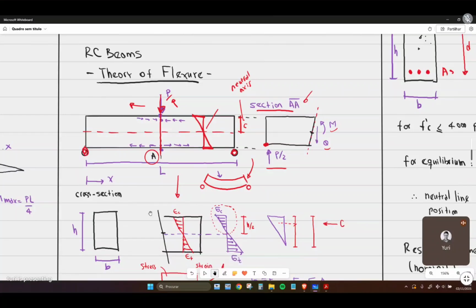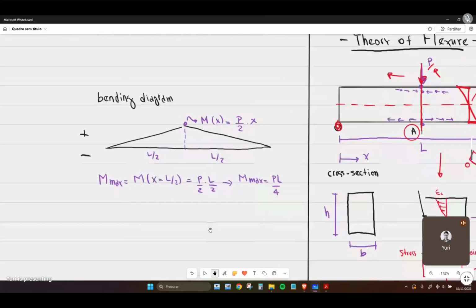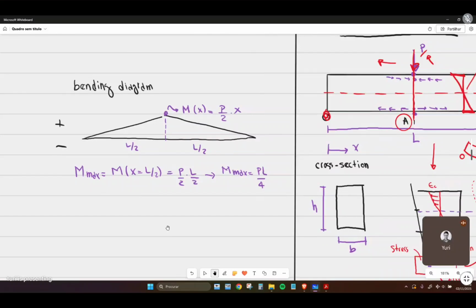If we remember a little bit about the bending moment, remembering that this is specifically for American students. In the US, the bending moment sign convention is actually opposite to the rest of the world. So positive bending is above the X axis, and negative is below the X axis, right?